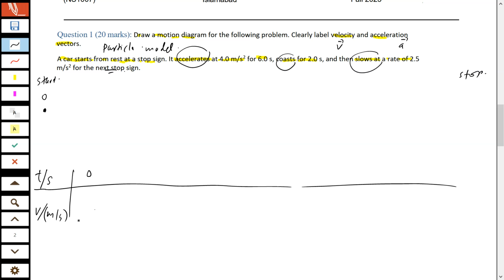So it starts with 0. So let's assign 0 to the initial time. And then the smallest time interval in this problem statement is 2 seconds. 6 seconds and 2 seconds.